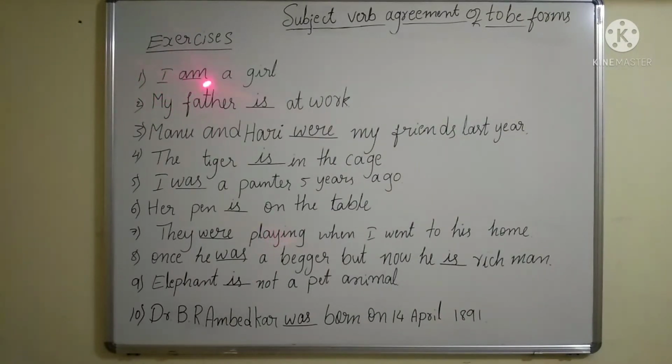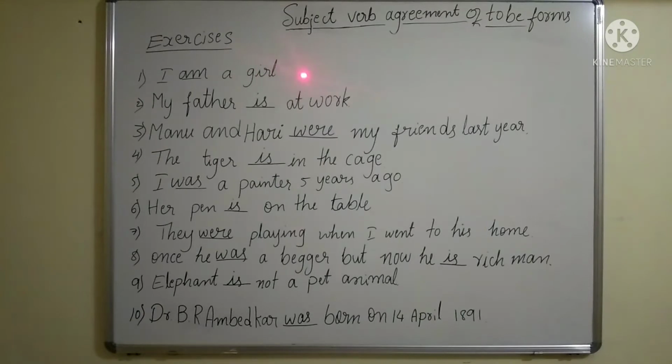See, I am a girl. As per rules, I already explained, I always follows am in present tense. Then, how do we find out whether the sentence is in present or past tense? It's very simple. If you read a sentence, you can easily make out whether it is present or past. I am a girl.